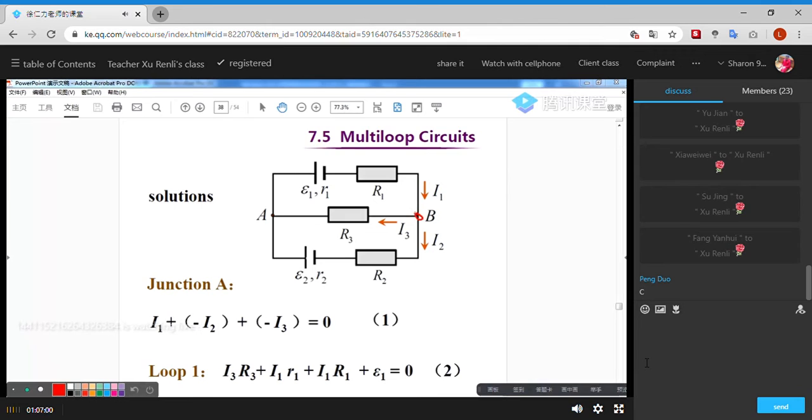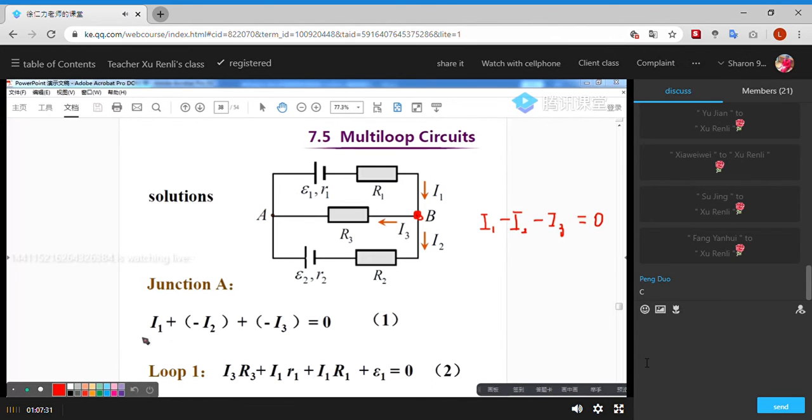Because for junction B, Kirchhoff's current law says the incoming current equals the outgoing current. So for junction B, we need to write I1 minus I2 minus I3 equals 0.